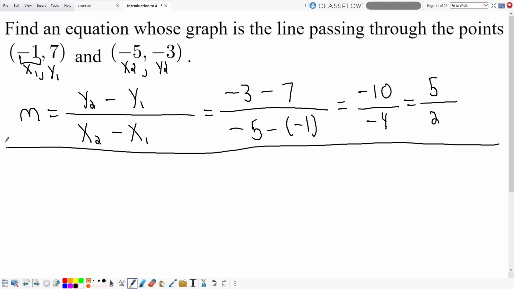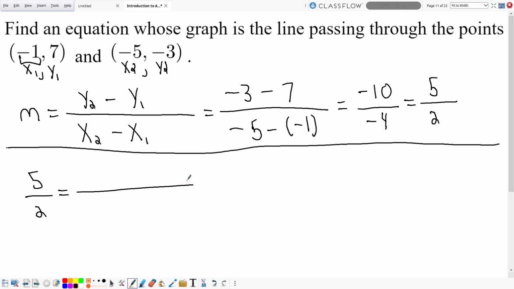Okay, whoop-de-doo. So now I know the slope of the line, but what's the equation of the line? Well, if we take a look back at our slope formula, I know my m is now 5 over 2. And if I'm going to write a nice linear equation out, I need it to work for all y values and all x values.